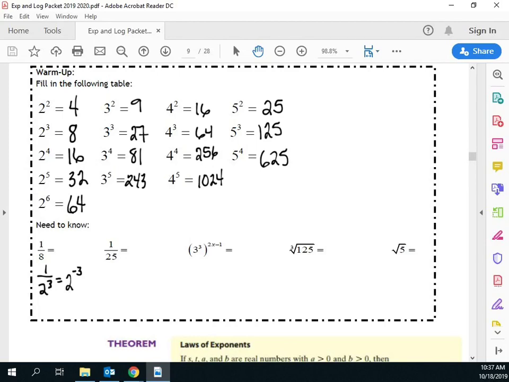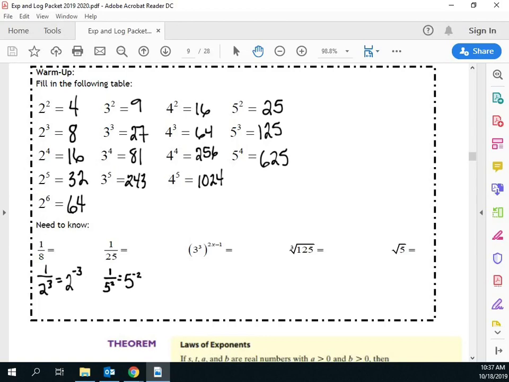So take that, guys, and see what you can do with 1 over 25. If you take it step by step, like we did in the previous one, 25 can be written as exponential as what? 5 squared.